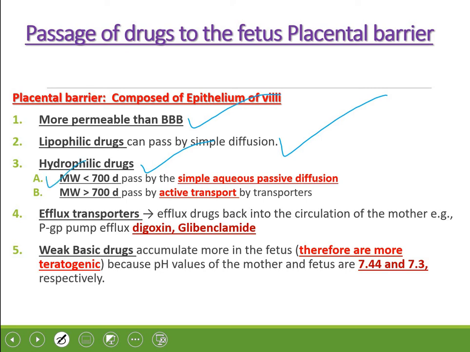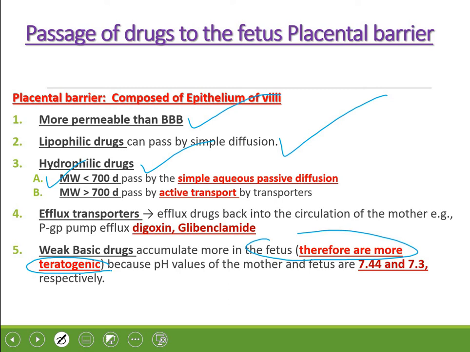If it is greater than 700 Dalton, then it cannot pass through these slits, and then an active transport mechanism may be involved. So efflux transporters are there for drugs like metoclopramide and digoxin, and weak basic drugs accumulate more in the fetus, and therefore they are more teratogenic. So weak bases are much more teratogenic.